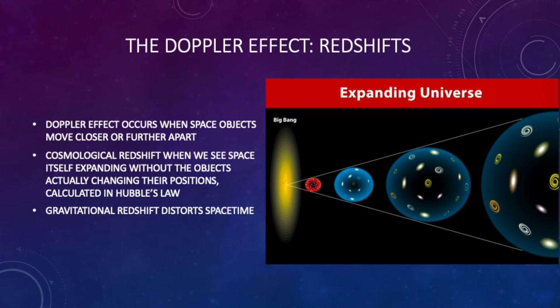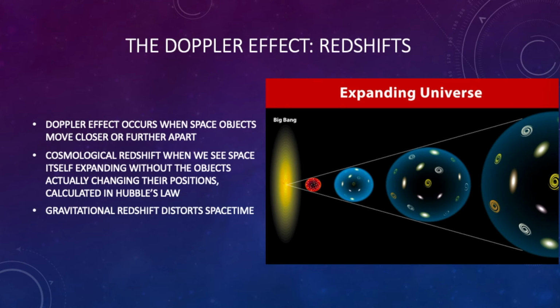There are 3 main causes of redshifts in astronomy and cosmology. Objects move apart or close together in space, being an example of the Doppler effect. Space itself expanding, causing objects to become separated without changing their position in space. This is known as a cosmological redshift.